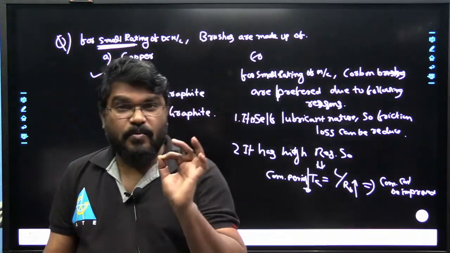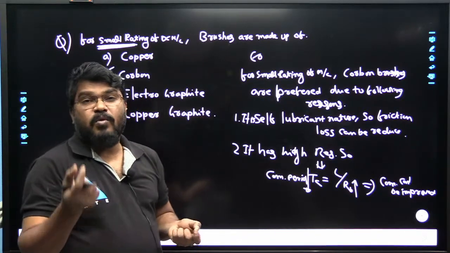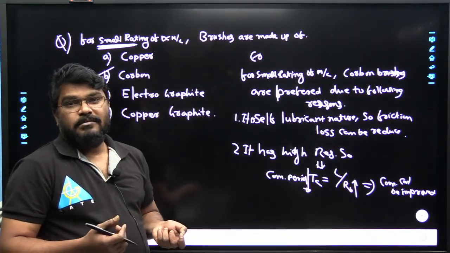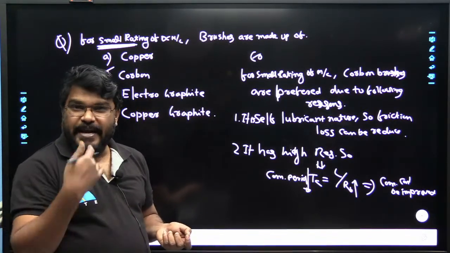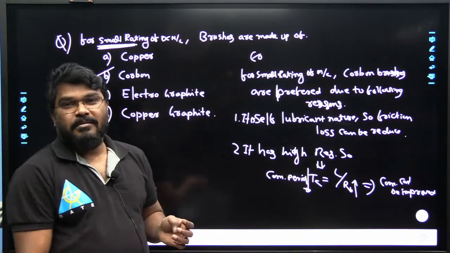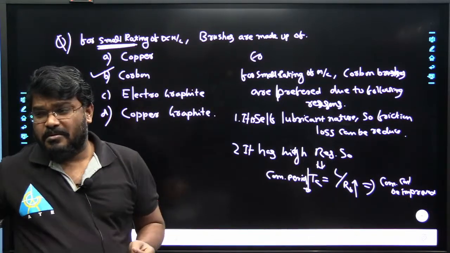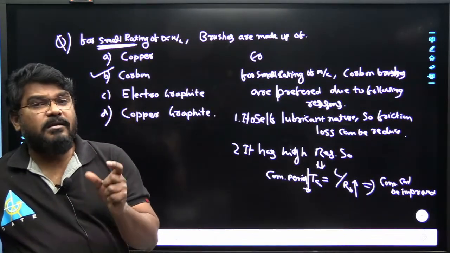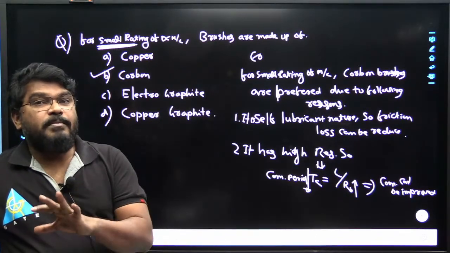Carbon has a high brush drop, but it is very small, 1 volt per brush, so we neglect that brush drop. There is no problem about the brush drop.